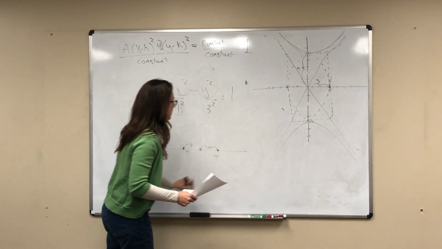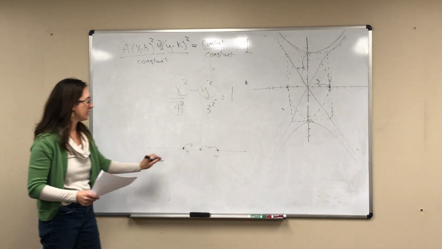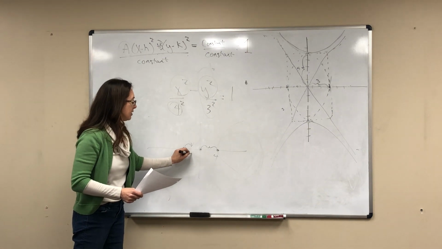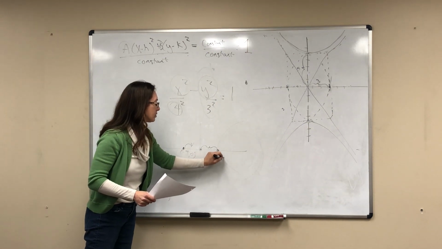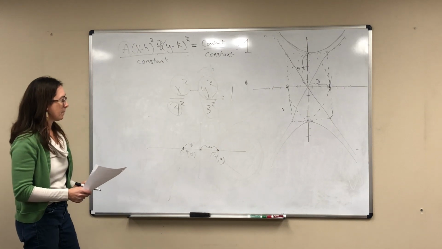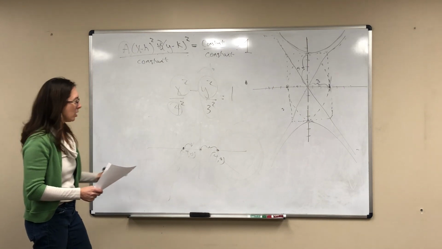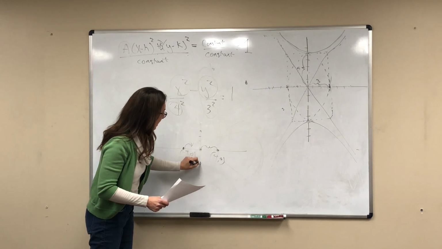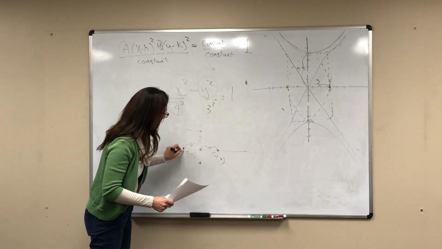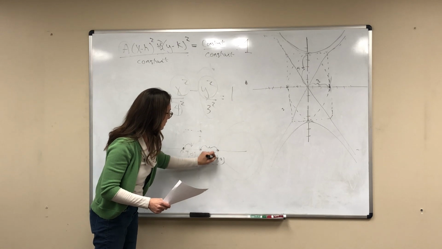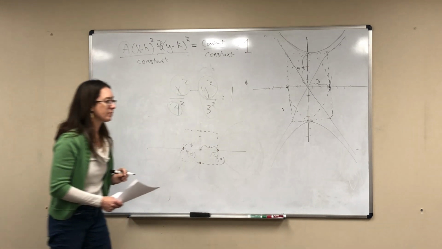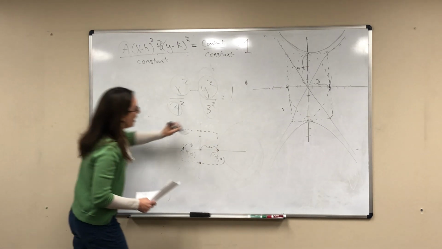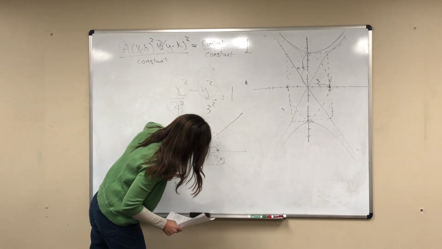So my vertices are what? Negative 4, 0, and 4, 0. Negative 4, 0, and 4, 0. Perfect. The y is 3. And it is simply so that I can draw my rectangle and put in my asymptotes.